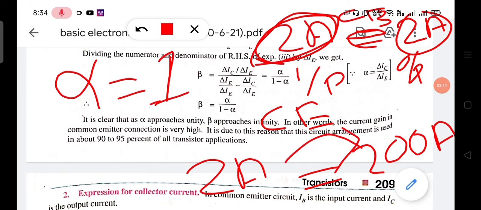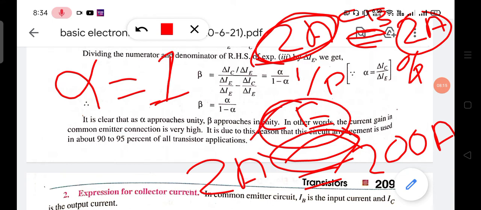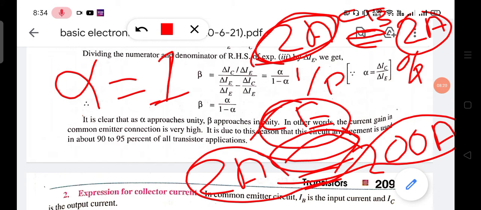This is only possible in the common emitter connection. So this is the advantage of our use. We use this circuit in many places, whenever we want very high current from low current.